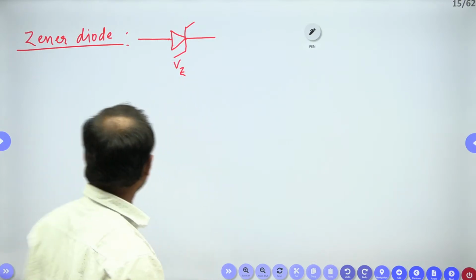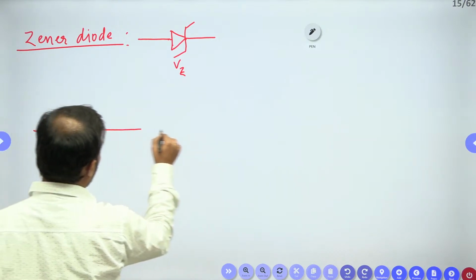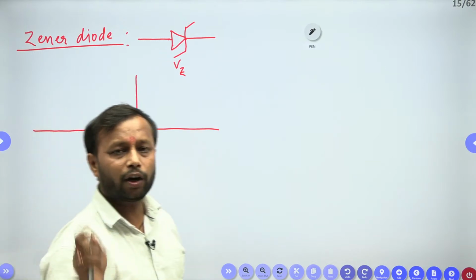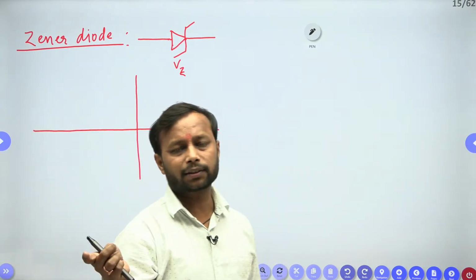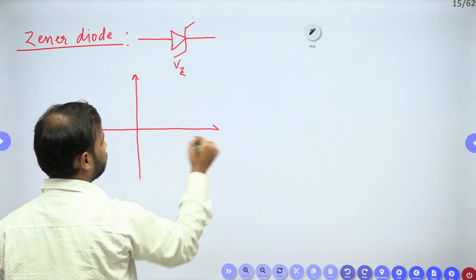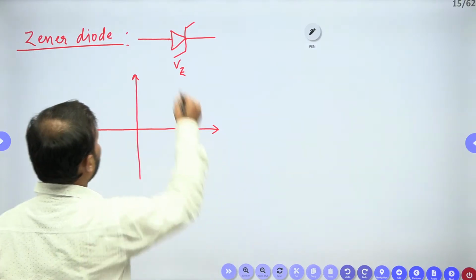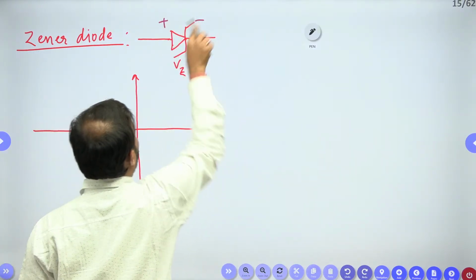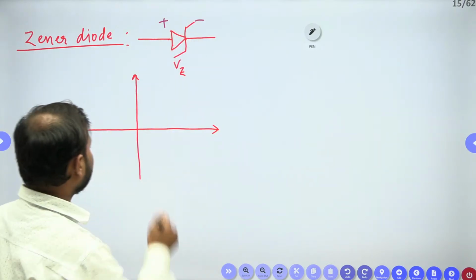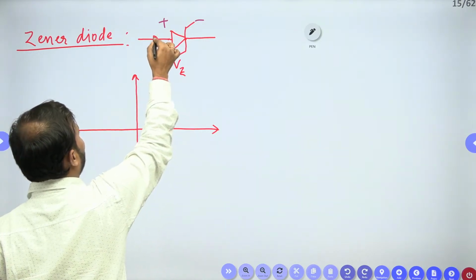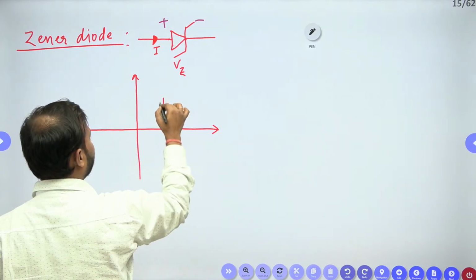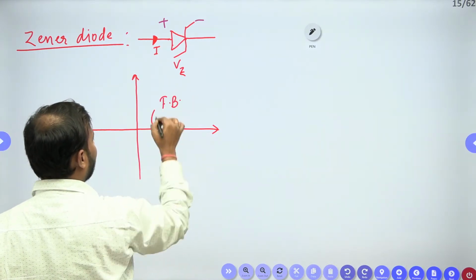Your Zener diode will operate in 3 regions. The normal diode operates in 2 regions, reverse bias and forward bias, whereas the Zener diode operates in 3 regions. In the first region, whenever you have plus here and negative here, following this symbol, the direction of current will be like this. In that case your Zener diode will be forward biased, and it will act as a short circuit.